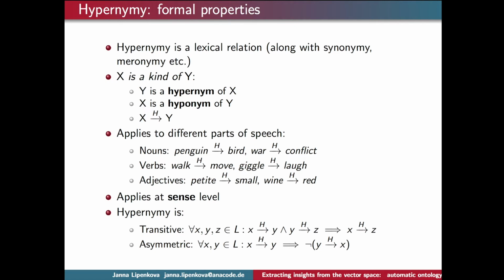And asymmetricity. If x is a hyponym of y, then y is definitely not a hyponym of x. This is quite logical because we have seen that the hyponym is more specific, so one term cannot be more specific and more general than the other at the same time.